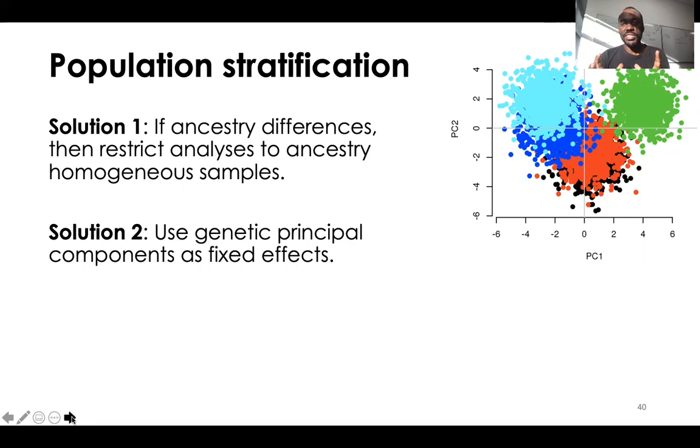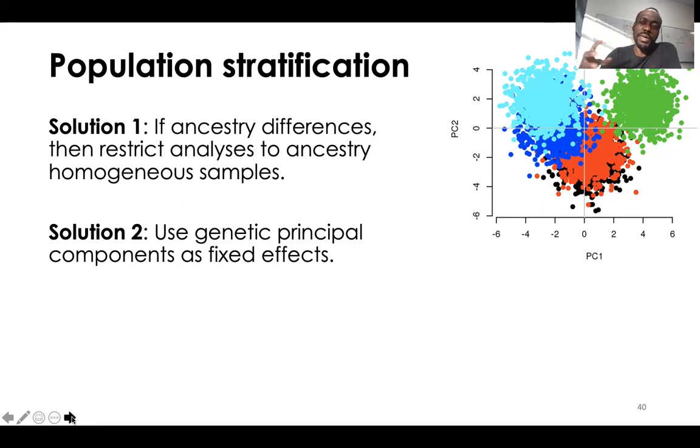And if that's the case, that will create an inflation in heritability, because it will say, oh, those people tend to be more genetically similar, and they are also more phenotypically similar, and therefore the heritability is higher. So if those differences are for samples from, say, across continents, so what I call ancestry differences, although we can have ancestry differences within a continent.